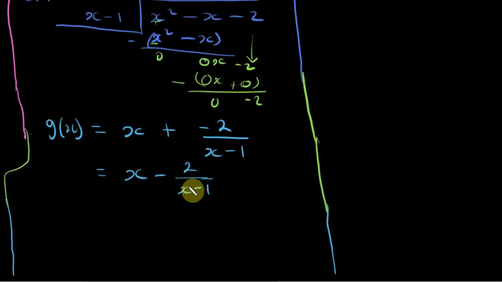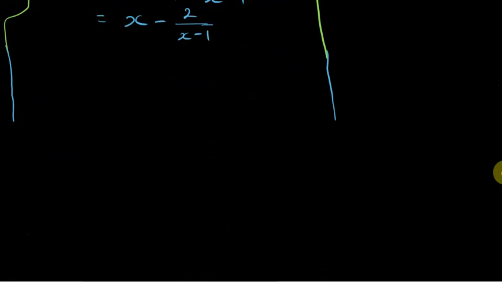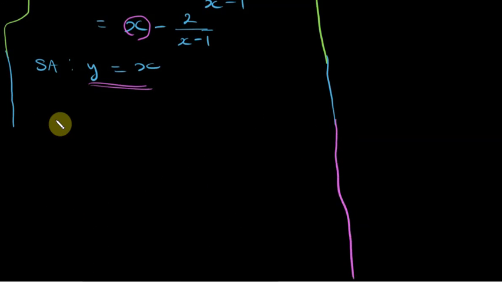So the answer from the long division, this linear equation here, is the equation of our oblique asymptote or slant asymptote. So the slant asymptote is located at y equals x. Just this one here. Interesting. This is very nice.